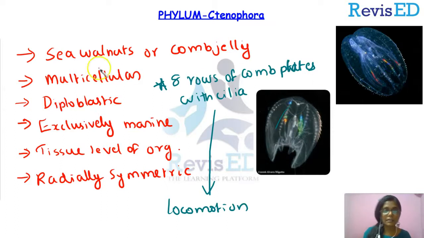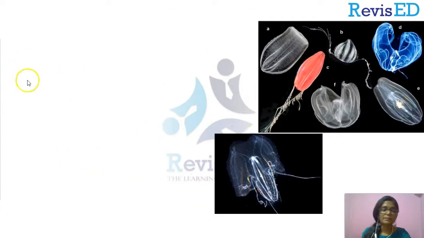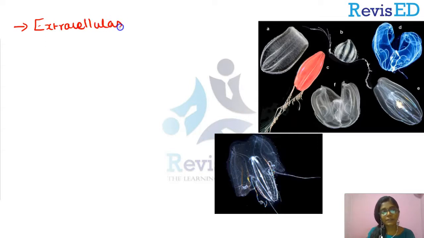Now moving to the next point, we'll discuss digestion. When talking about digestion in Ctenophora, it is both extracellular as well as intracellular. What is extracellular and intracellular digestion?